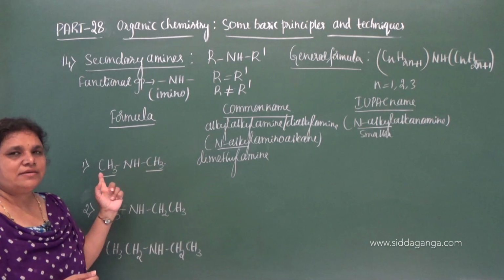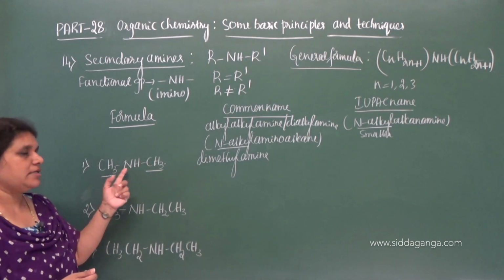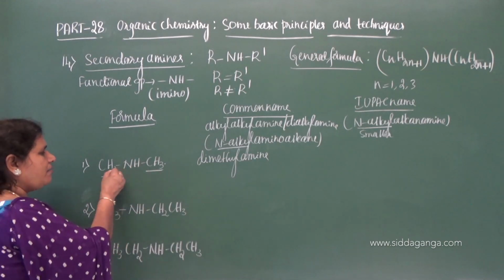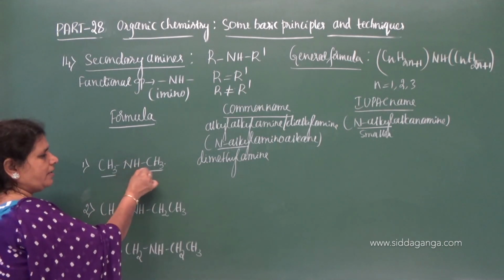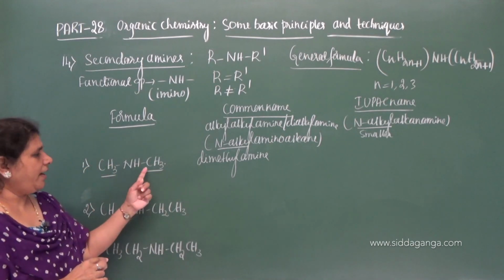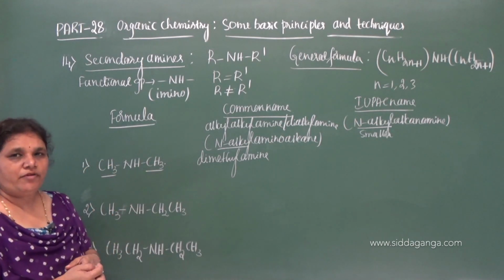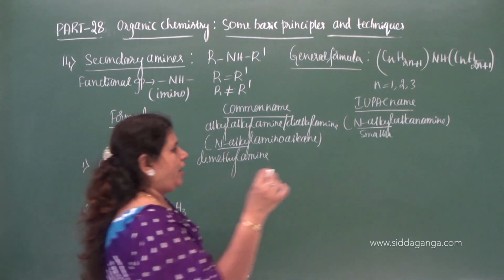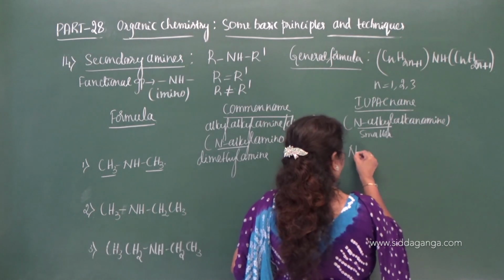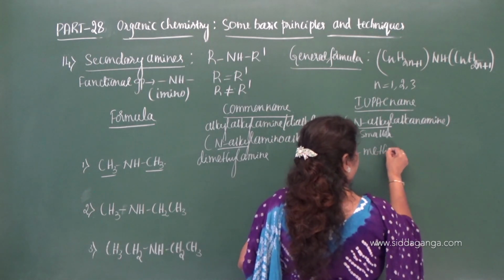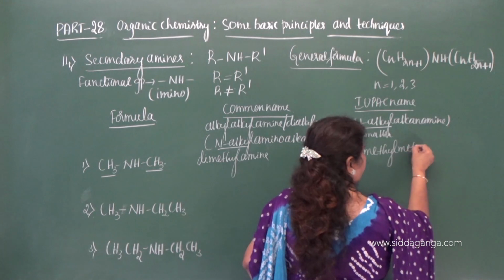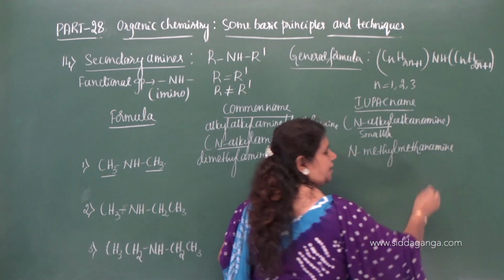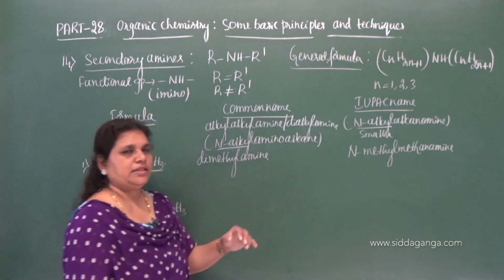Since both are similar groups, you can take one as a prefix and another as the root word. N-methyl methanamine. Left with the methyl group, the name of the alkane will be methane, and the terminal E is replaced by amine, and hence the name is N-methyl methanamine.